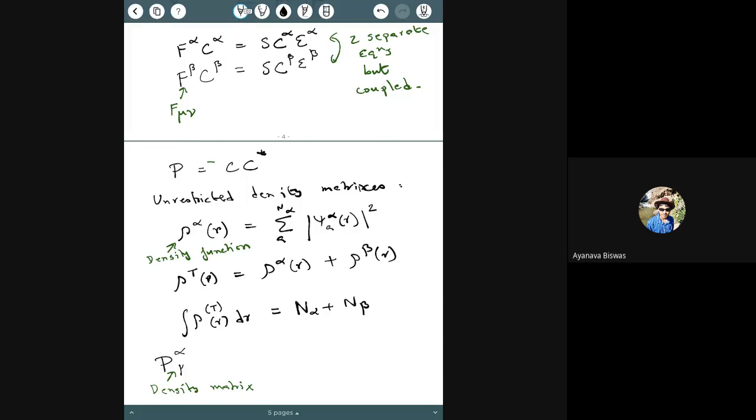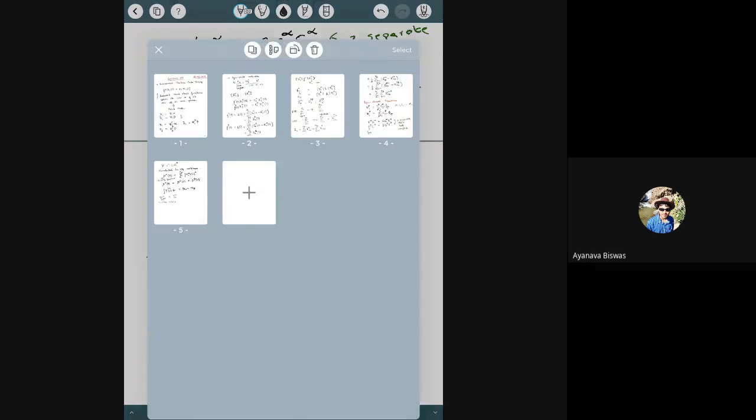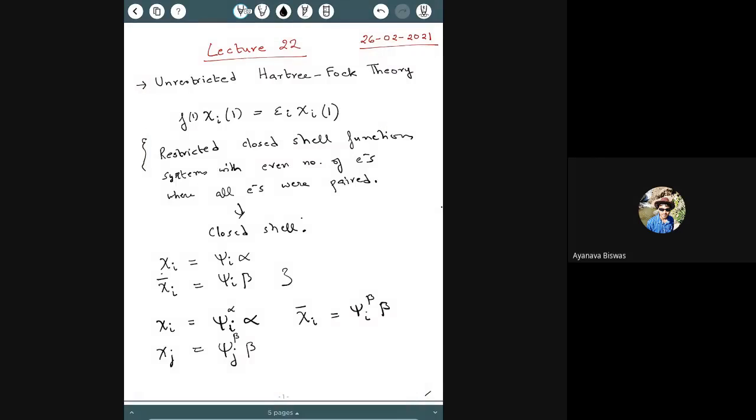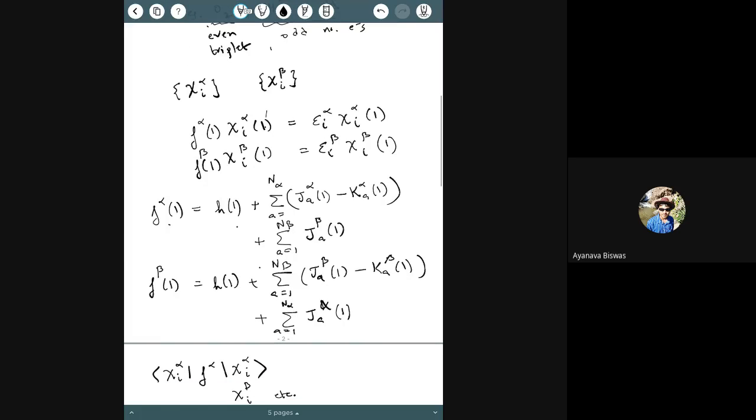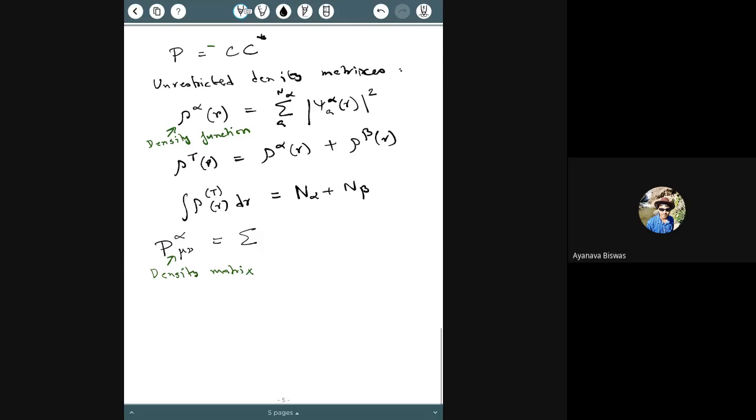The alpha electron component, the mu nu-th element, is equal to a sum over all the alpha orbitals of C alpha mu a times C alpha nu a star.